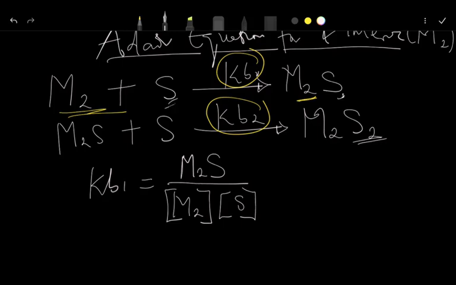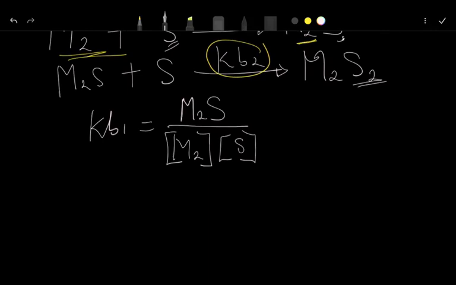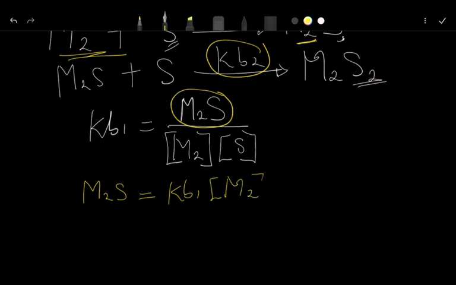So the idea now is that we are to make M2S the subject of the formula. So I will now have M2S is equal to KB1 in bracket M2 in bracket S. So this is my Equation 1. Are you there with me?